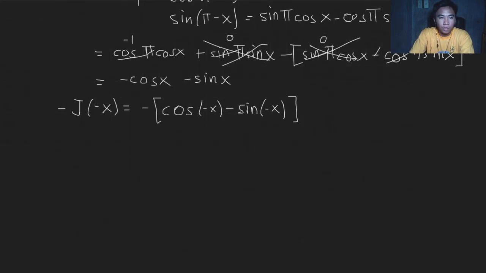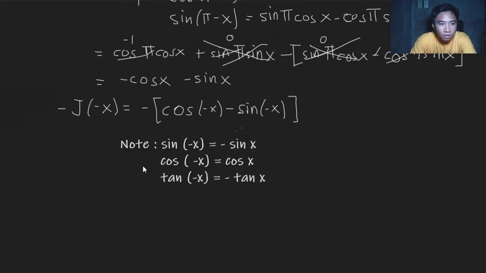So, i-note nyo lang ito na si sine negative x is equal to negative sine x kapag ito yung mga negative angles. So, si cosine negative x is equal siya sa cosine x. And then si tangent negative x or negative angle is equal to negative tangent x.